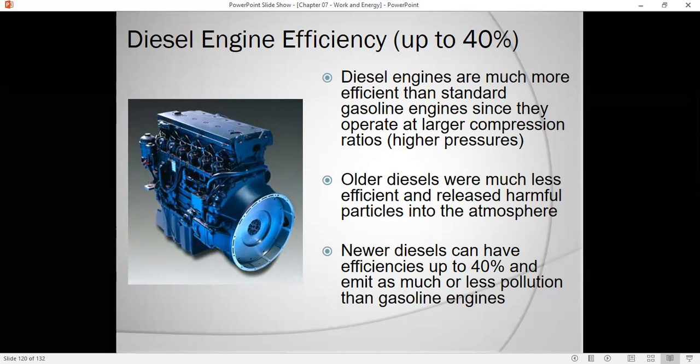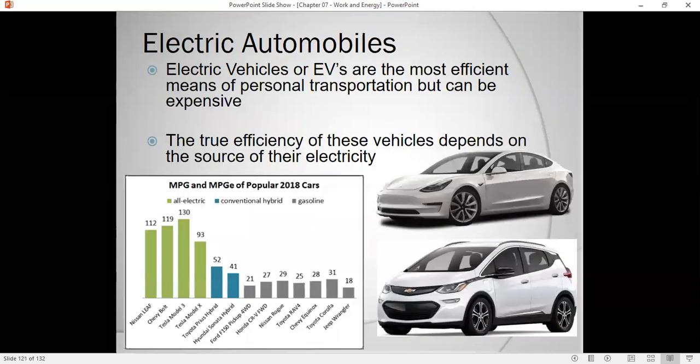But diesel engines, at least in their more modern form, are a better alternative to internal combustion gasoline engines. Let's compare. Here are all electric vehicles, or EVs. Okay? I'm a little biased, but we'll leave that aside right here.